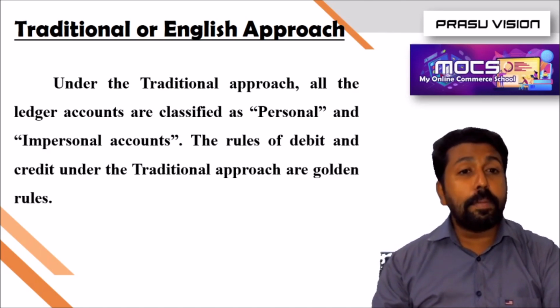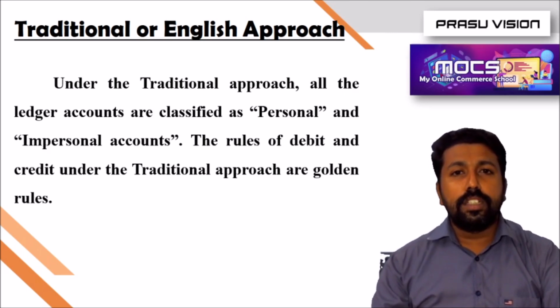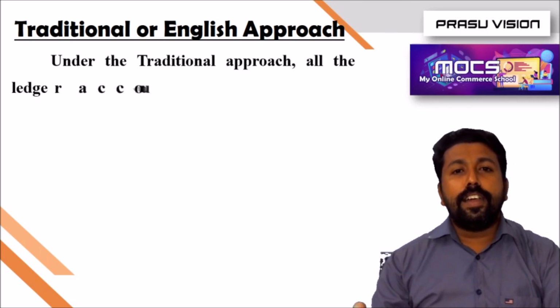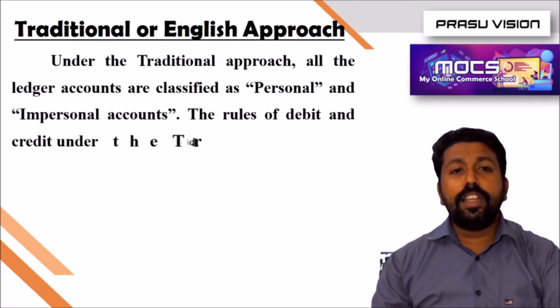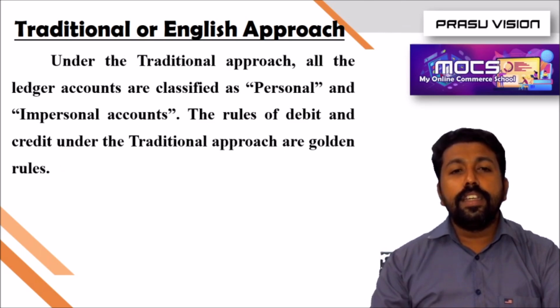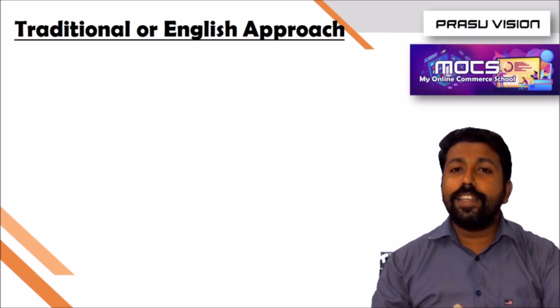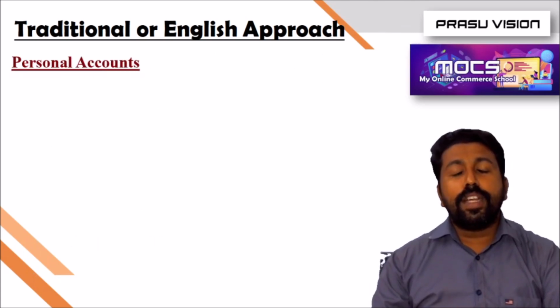Here you have to remember that two accounts are there as per the traditional approach: personal account and impersonal account. Under this approach, all ledger accounts are classified into these two categories. So what is a personal account?